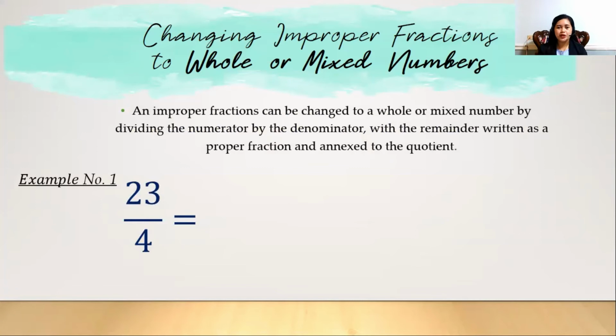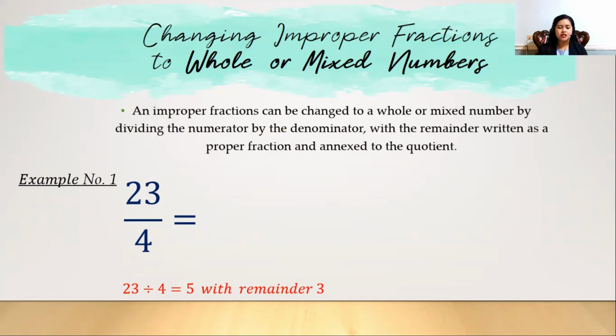We have 23 over 4, an example of an improper fraction. To change this improper fraction into mixed number form, we simply divide the numerator by the denominator. Our numerator is 23 and the denominator is 4. We divide 23 by 4, and the result is 5 as a whole number with a remainder of 3.